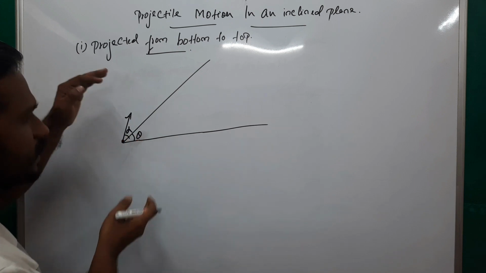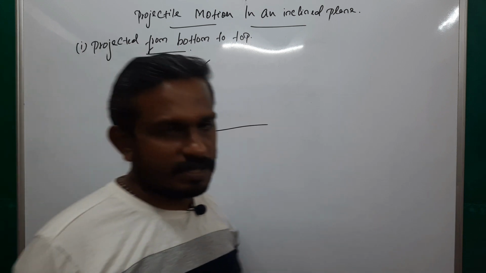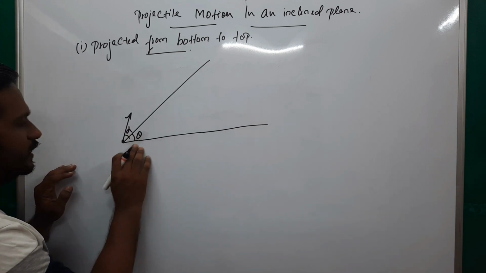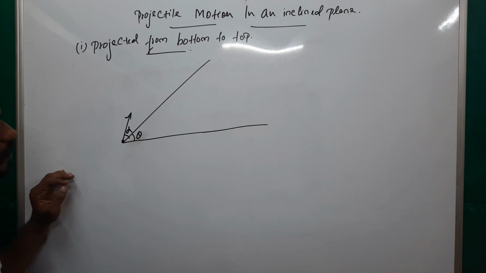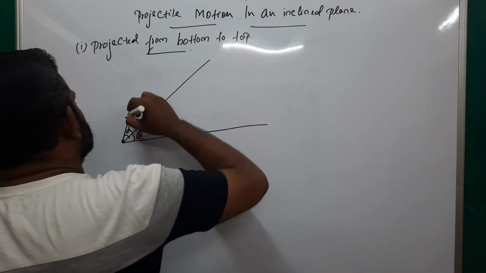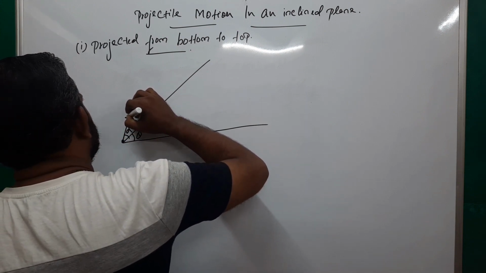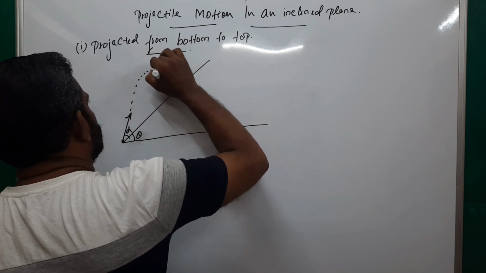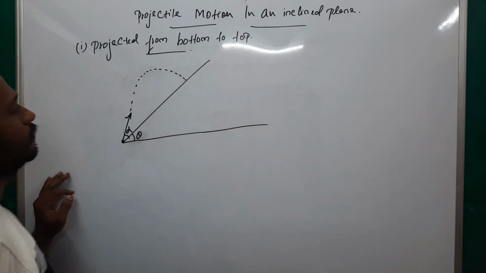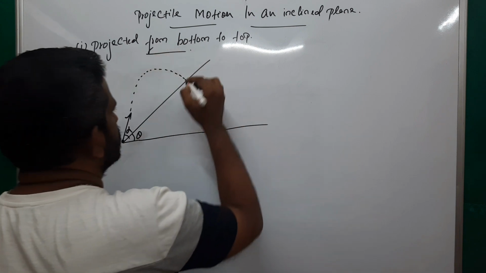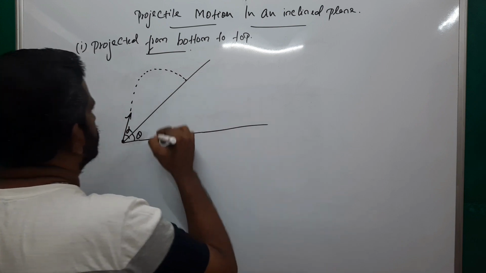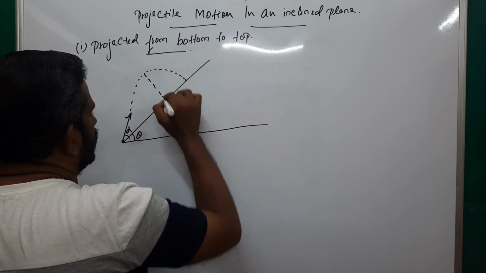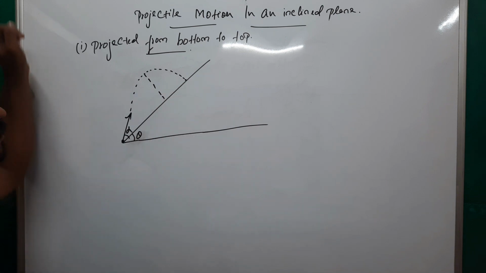We have taken the angle of inclination with the horizontal as theta, and the projection angle we are taking is alpha. This is the trajectory of the projectile and it reaches this point. This is the maximum height of the projectile.